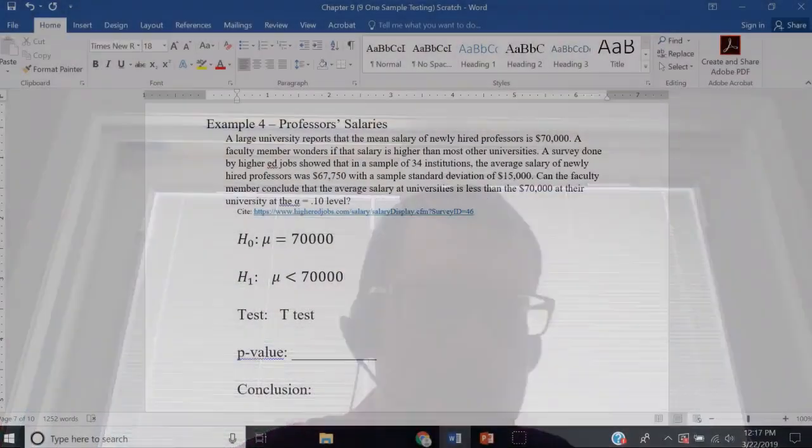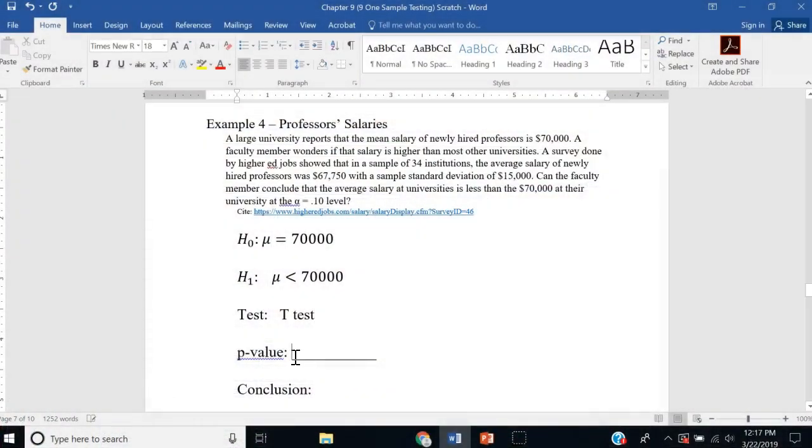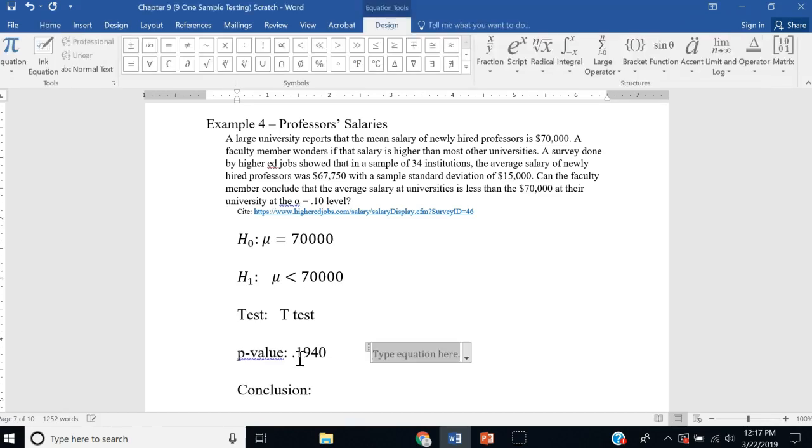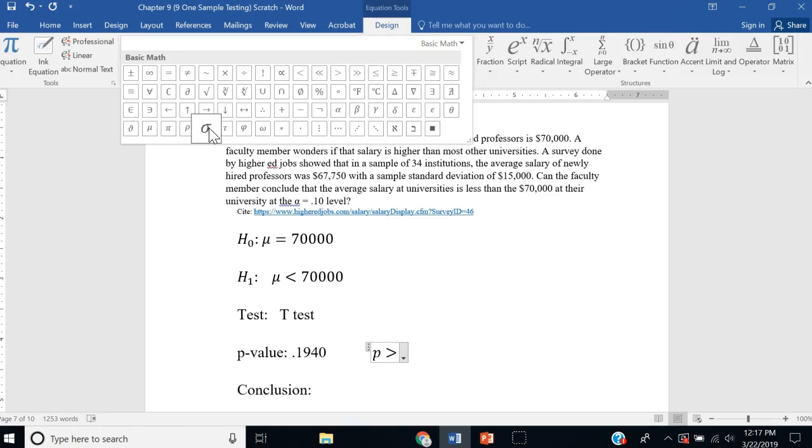You calculate that, and you get a p-value of 0.1940. Again, off to the side, I like to write real quickly that that means the p-value is bigger than my alpha.